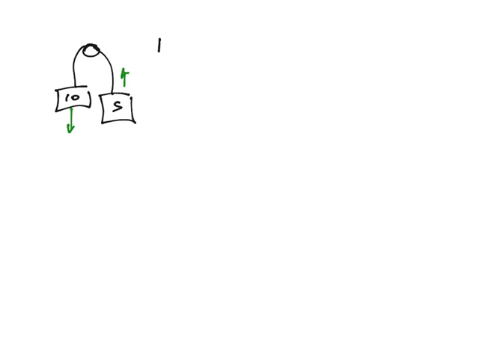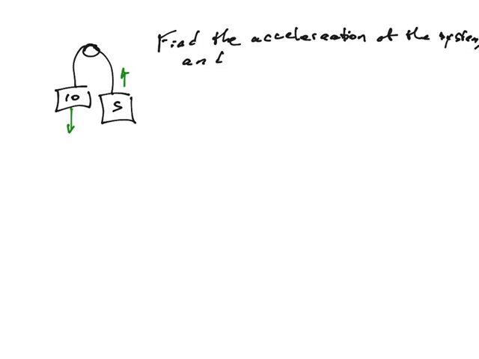Here's the question. Find the acceleration of the system and the tension in the rope. So obviously I let go, the two blocks start to move because one is heavier than the other, and they're going to accelerate.